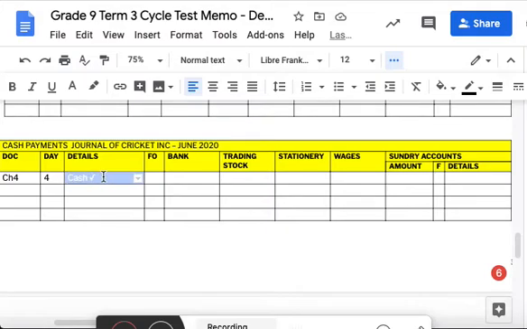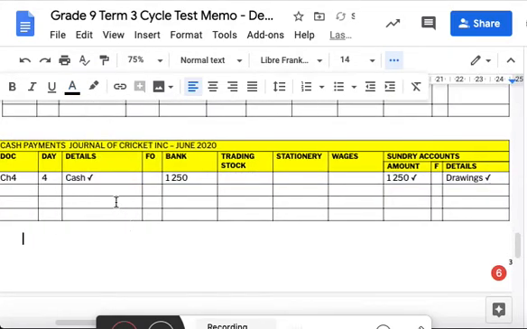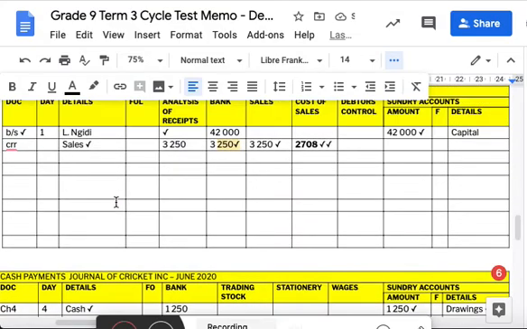Okay, our detail is cash. You get a mark there. The amount is 1,250. Is there a column here for drawings? So where do we take it, Kanye? Sundry account. The amount is 1,250, and the detail is drawings. So your transaction on the 4th should look like that.